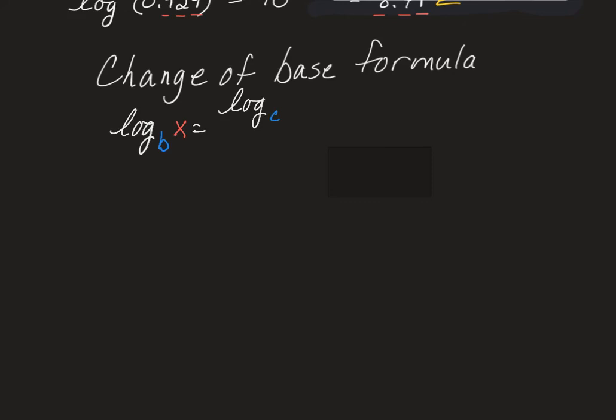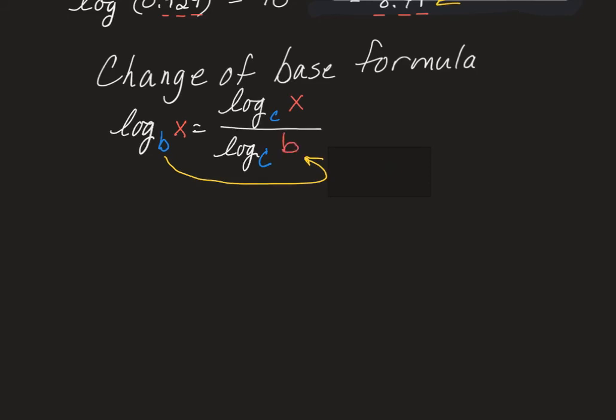Say base C instead of base B, okay? And this will be x up here, and below you will have the log base C of what was originally, okay, your base B. It's now going to become the argument.